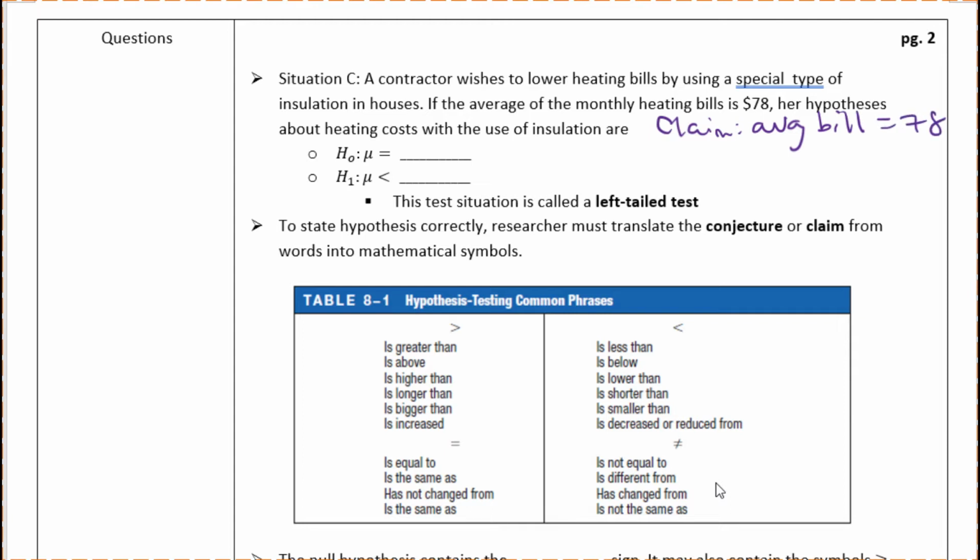So that's average is mu. So mu is 78. Remember the symbol for the population average is mu. All right, and then it says we want to test whether the heat insulation will lower the heating bills. So this is a less than scenario. And since that looks like an arrow pointing to the left, that is a left-tailed test.